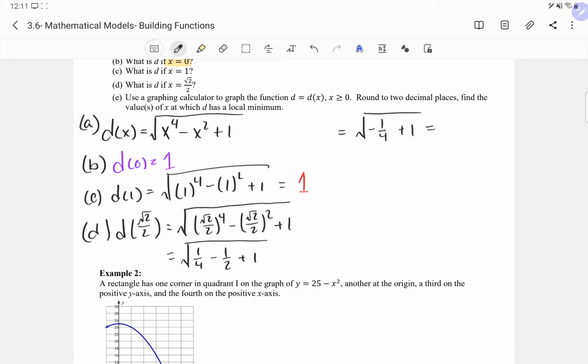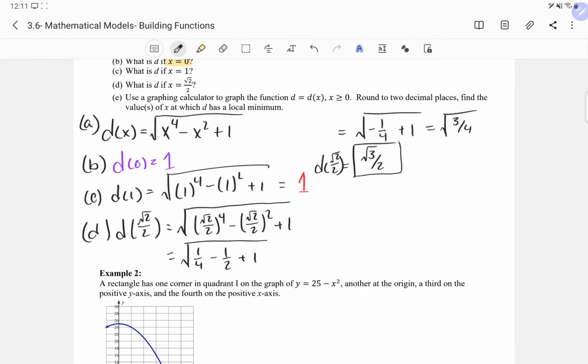This would give us the square root of 3/4, and we can simplify this to the square root of 3 over 2. I do want this to be in rational form. I don't want this to be a decimal, so make sure that you're doing this in rational form. So the distance where x is the square root of 2 over 2 is this.